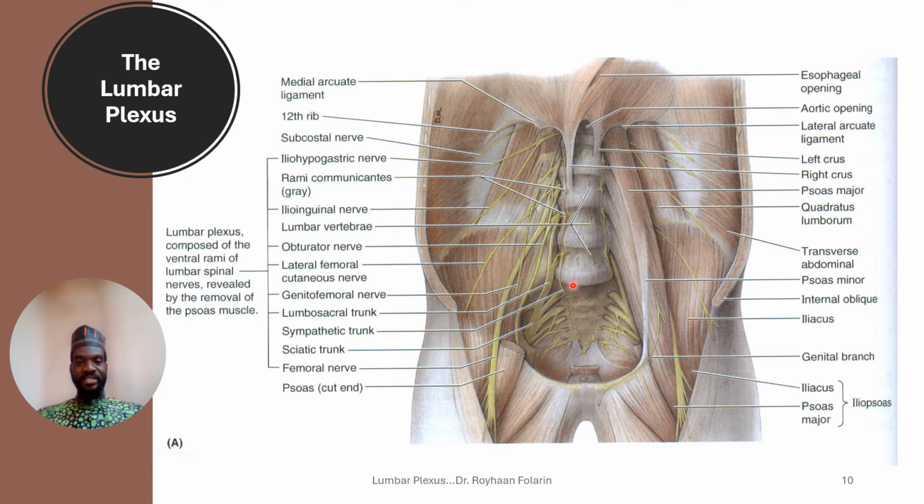the sympathetic trunk. The sympathetic trunk is a string of ganglia that run down each side of the spine, throughout most of its length. It contains cell bodies of neurons that belong to the sympathetic nervous system. And what does the sympathetic nervous system do?